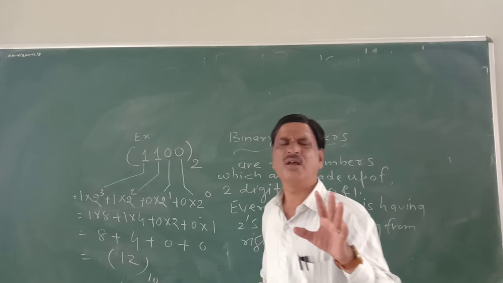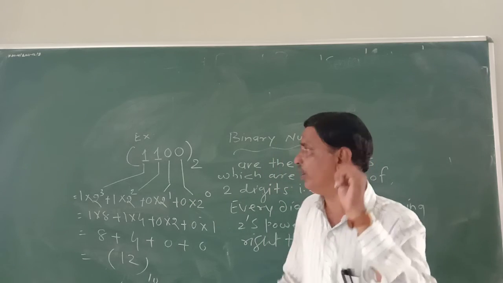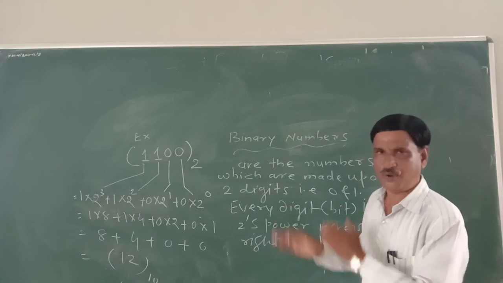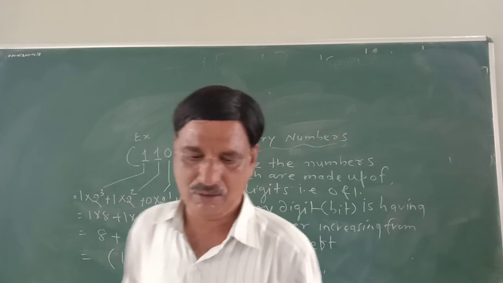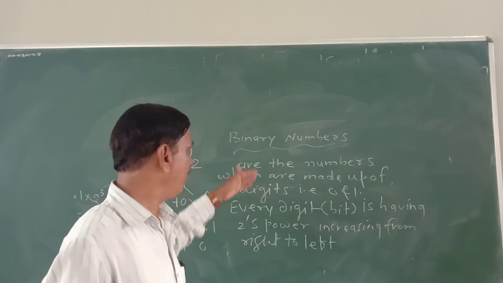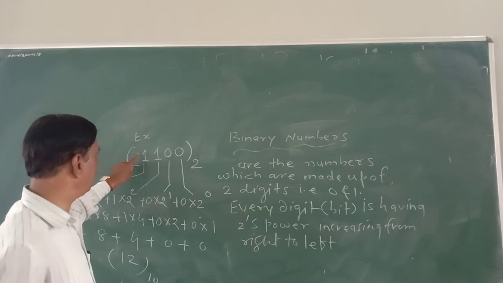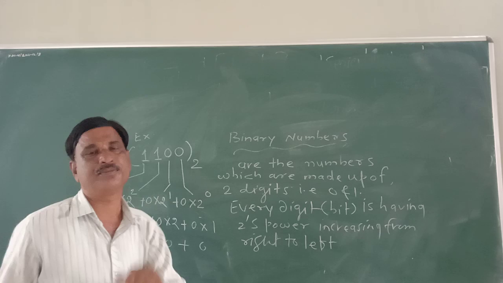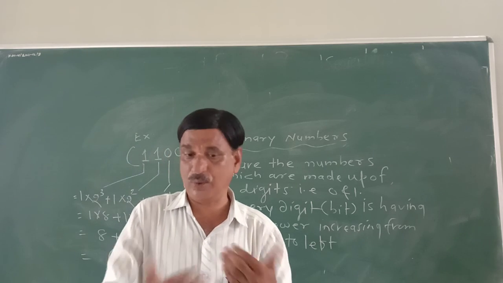Any third digit will not be there, because it is binary. Have you got this? Today we saw the conversion from binary to decimal. Tomorrow we are going to see decimal to binary also.